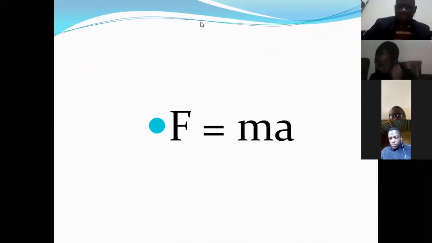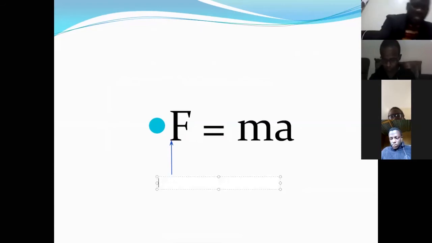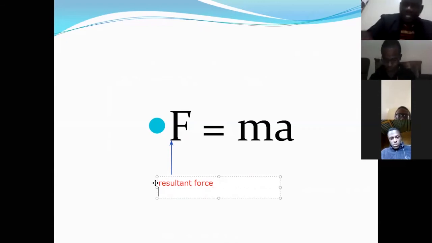Now I want to give various names to this force F. This force F is a resultant force. That's the first meaning we should know. Because we are defining Newton's second law, that the rate of change of momentum is directly proportional to an external resultant force, in the exam, when they ask you the resultant force, it means you take mass multiplied by acceleration.